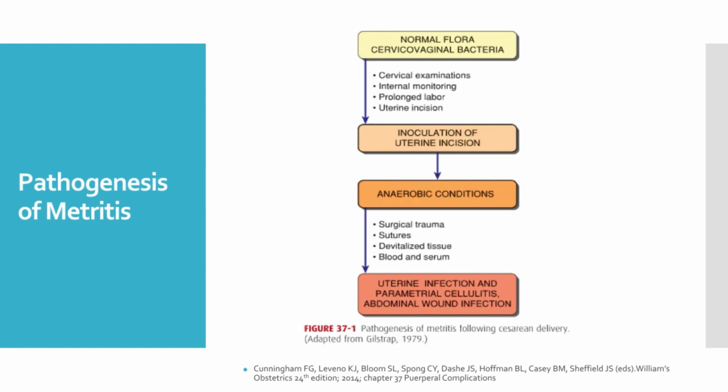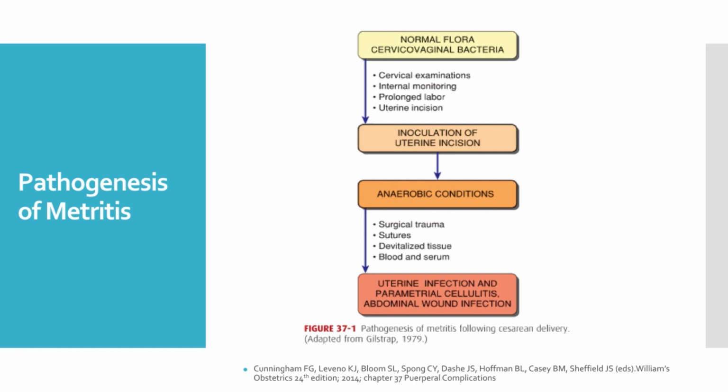Here is a simple diagram showing the pathogenesis of metritis. We have the normal flora, or the bacteria that normally reside in the cervicovaginal area. This bacteria will be inoculated in the uterine incision, especially with the presence of risk factors such as multiple cervical examinations, internal fetal monitoring, and prolonged labor.